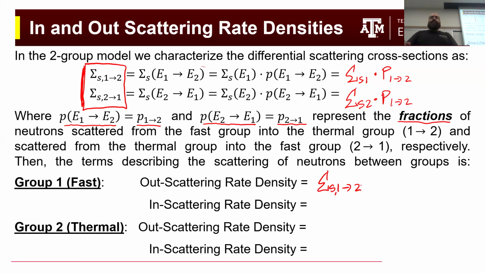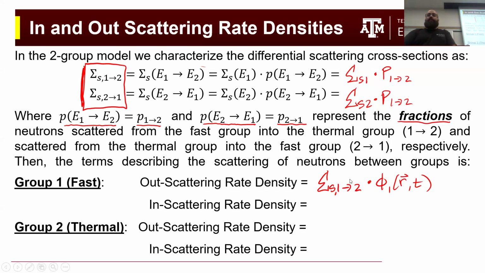If it's fast neutrons that are participating in the scattering reaction, then it's the fast flux that is being multiplied here. So I'm going to multiply this by phi1, which could be a function of position and time. This would be my outscattering rate density for the fast group.